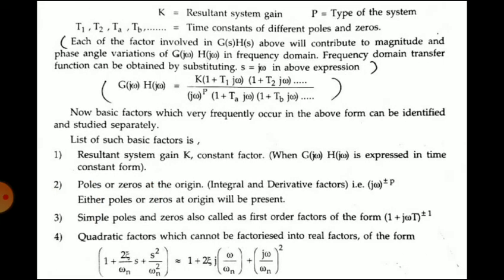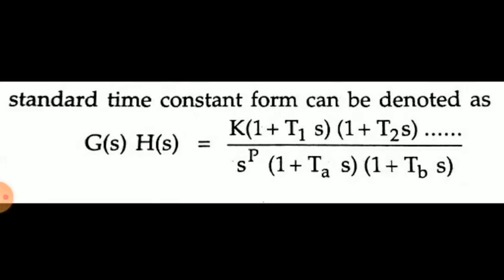Here K is the resultant system gain, P is the type of the system, and T1, T2, Ta, Tb, etc. are the time constants of different poles and zeros.